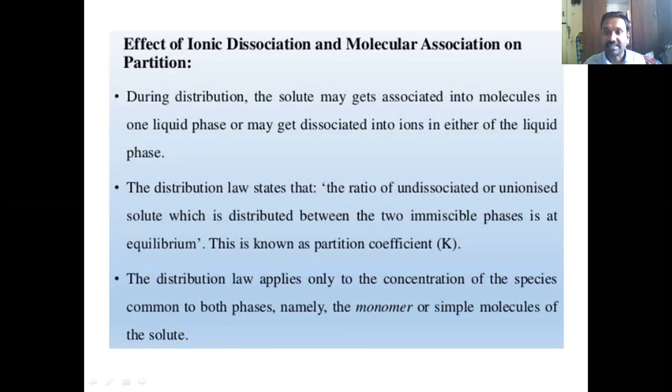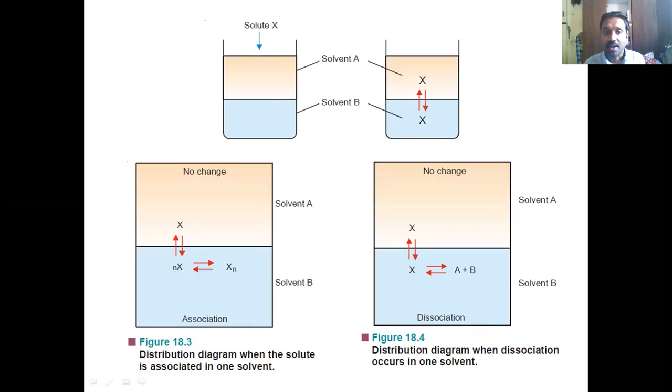For example, here with X, look at the dissociation. X in solvent A, the concentration is fine, you will get it directly. X in solvent B, the concentration would be lower than the actual X because some fraction of the X has got dissociated, or converted, into A and B.